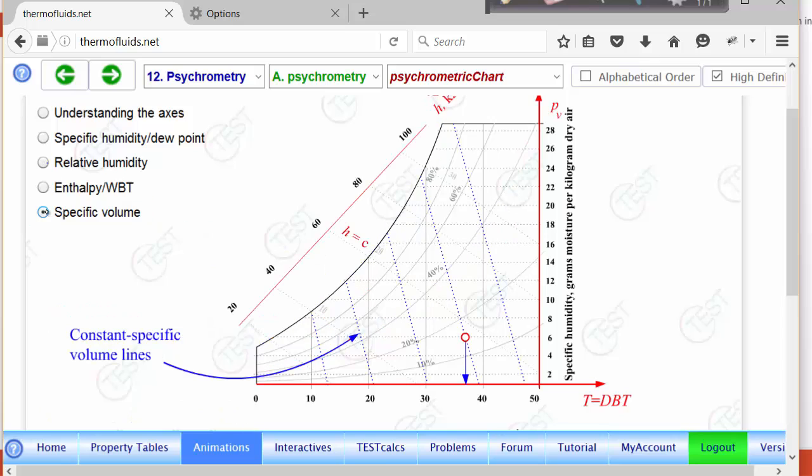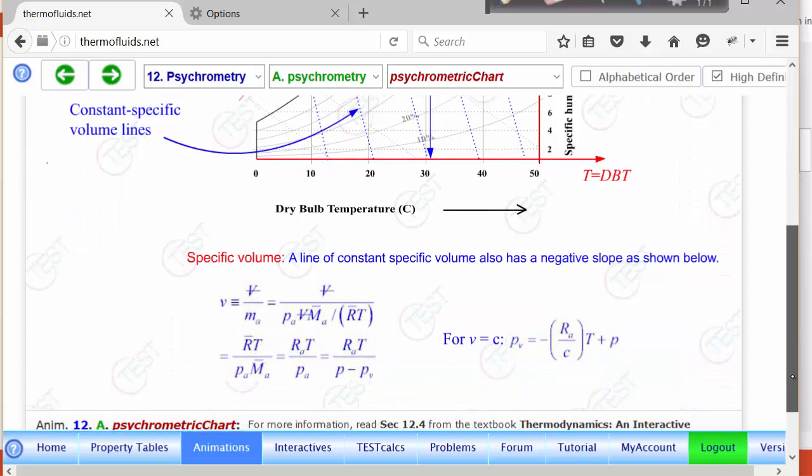We have already covered the specific volume line in module 0. They are negatively sloped, as shown here. Again, it comes right out of the formula.